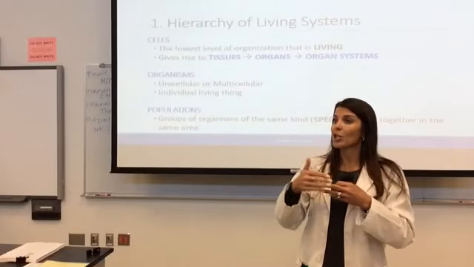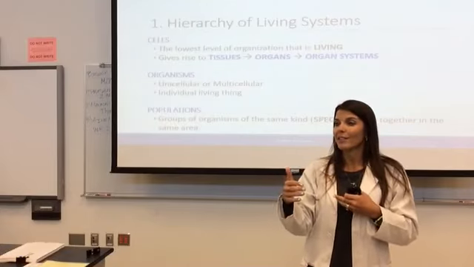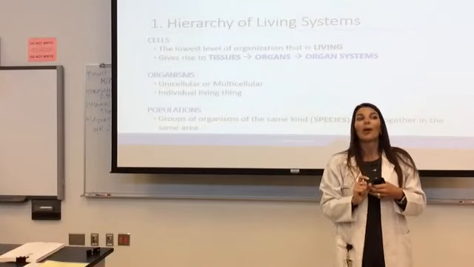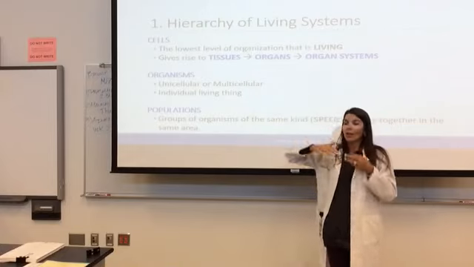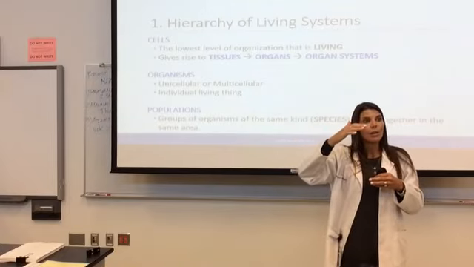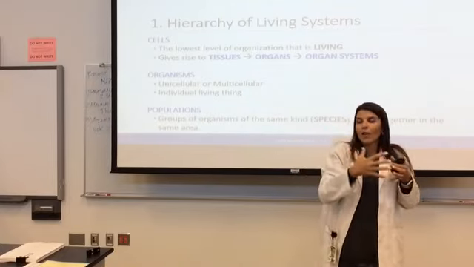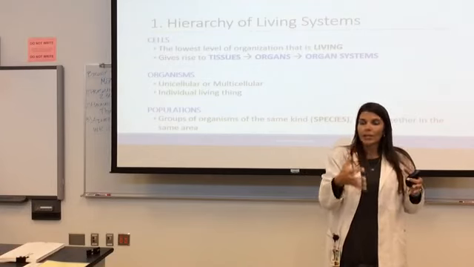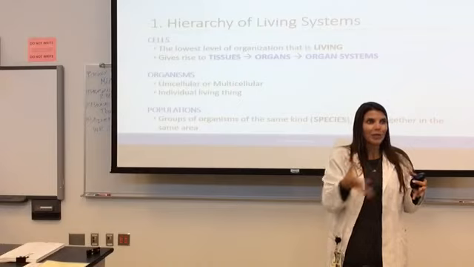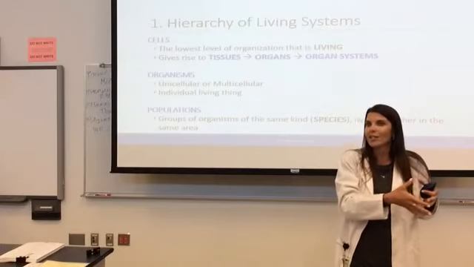Guess what happens when I put a bunch of tissue together? I create an organ. An organ is a bunch of tissues. So when I put a bunch of tissues together, it will function as an organ. Can an organ do what a tissue does? Yes, but can a tissue do what an organ does? No, because it's an emergent property.